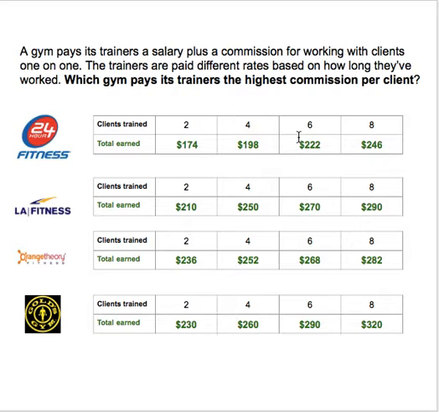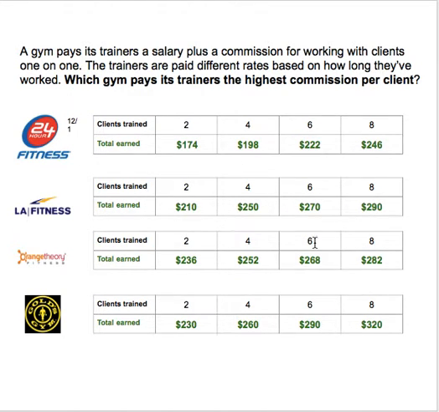That's the change in Y over 6 minus 4. That gets me $24 for every 2 extra clients. So that is actually a $24 for 2 clients would be a unit rate of $12 per client. Okay, so if I wanted to just kind of write that here so I knew, I'm going to do 12 over 1.